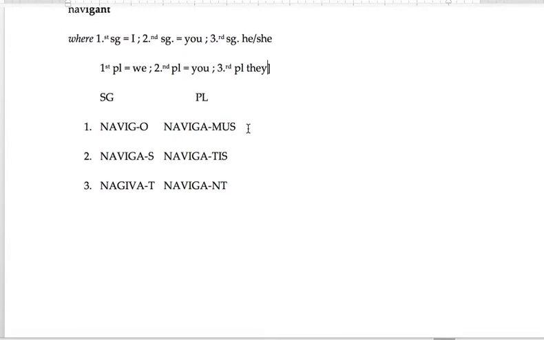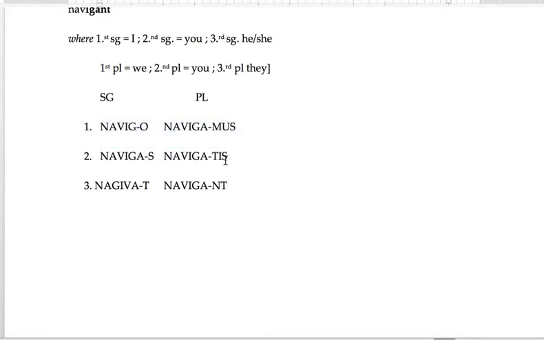I would then ask you to translate these words here. So navigo, I don't tell you directly, but you can see from the way the paradigm is set up that there are columns of singular and plural, and persons are rows. So the first person endings are all in the row labeled 1.